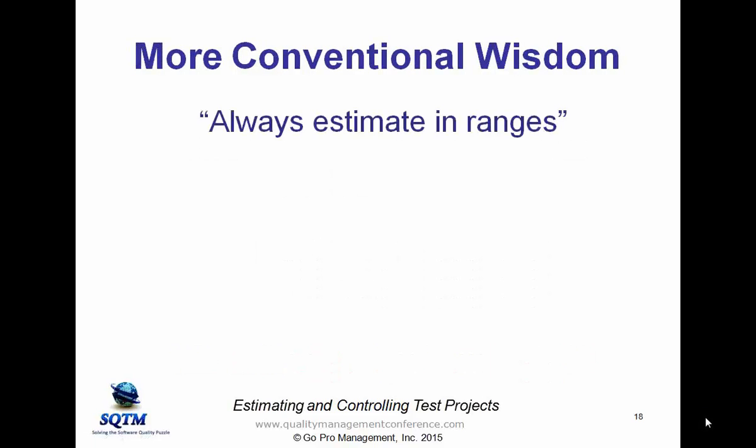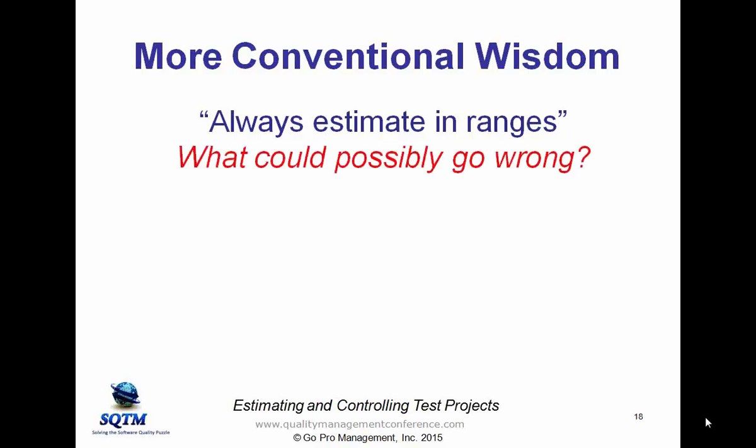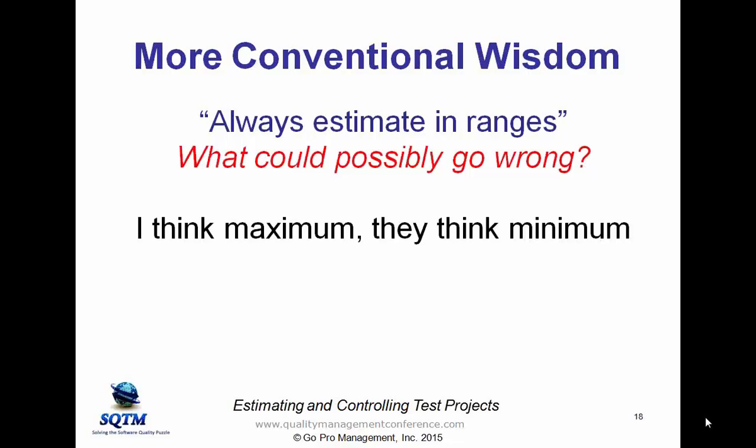techniques. Okay? Now, here's another supposed bit of wisdom that a lot of gurus tend to give you. Always estimate in ranges. I bet a lot of you have heard that. Well, what could possibly go wrong? Well, when I estimate in the range, I think I'm going to get the maximum, and they think I'm going to need the minimum. I've just set myself up for failure.